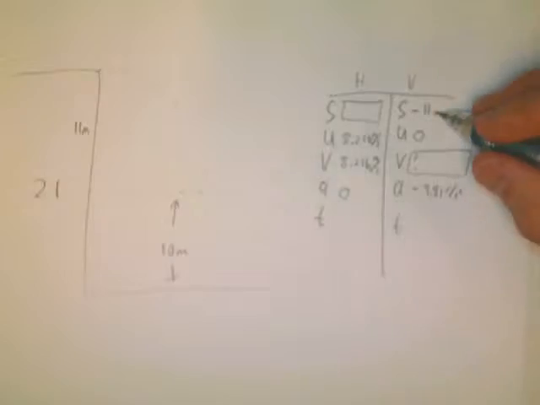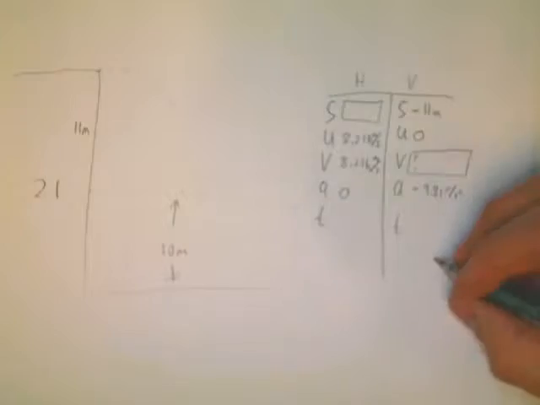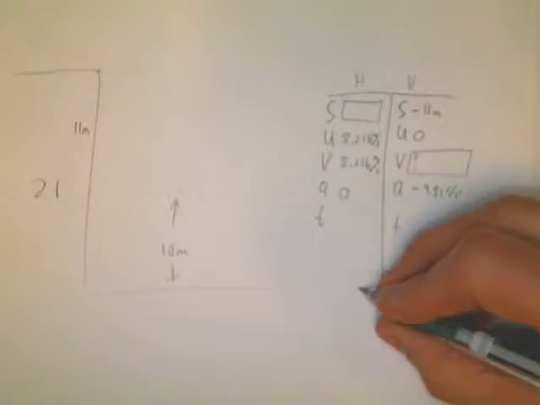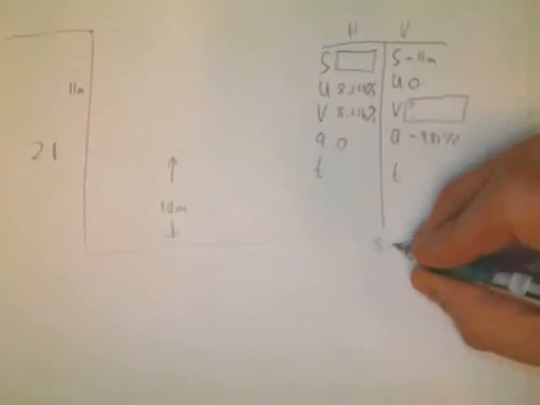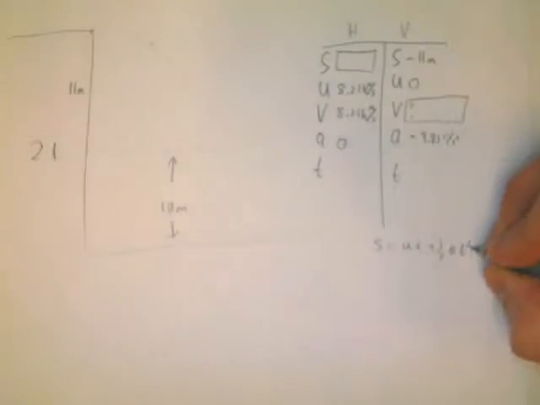It seems to me that we ought to be able to use s equals ut plus 1/2 at squared, right? And we want to find t, and this is easy. So we just solve for that.